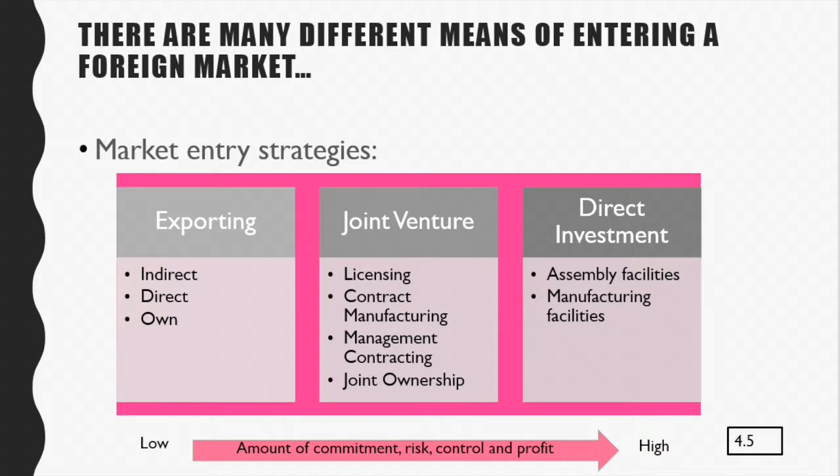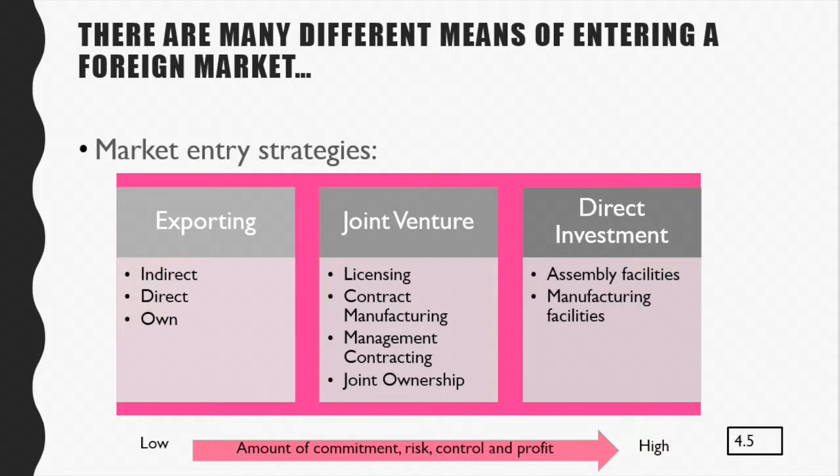And we actually divide the options into 3 bigger ones here, as you can see. We have exporting, and then we have different types of joint ventures, and then in the end, direct investments. The middle part, the joint venture part, is mainly then based upon contracts and mainly based upon cooperation with other companies as well.